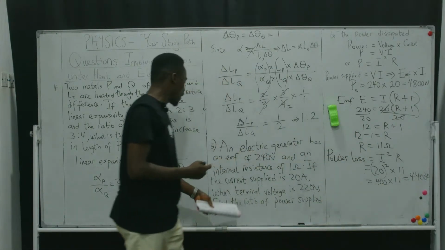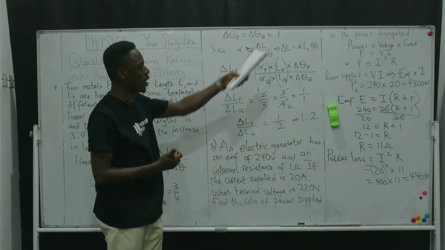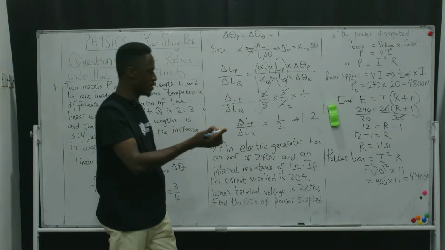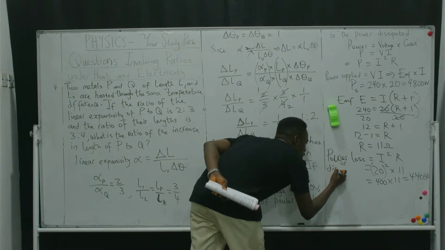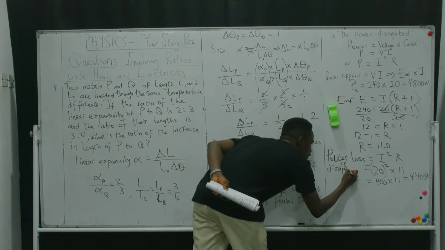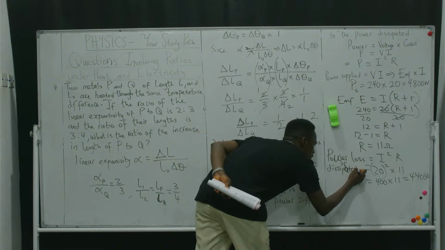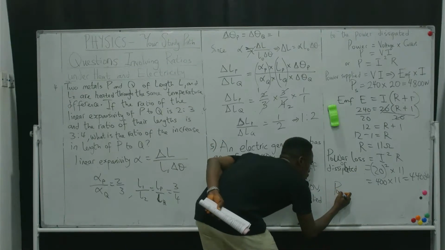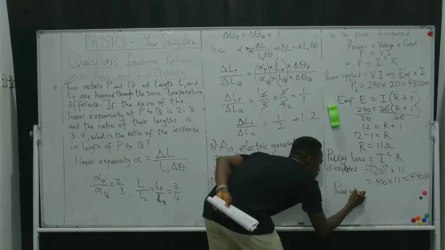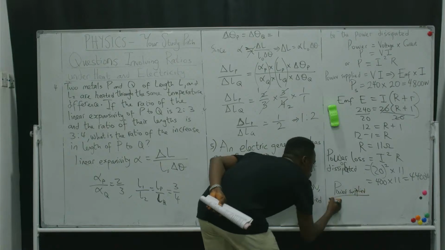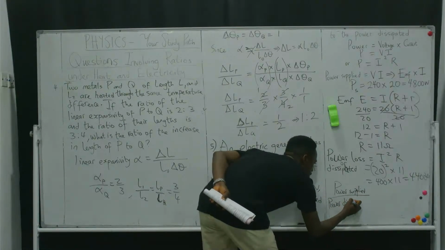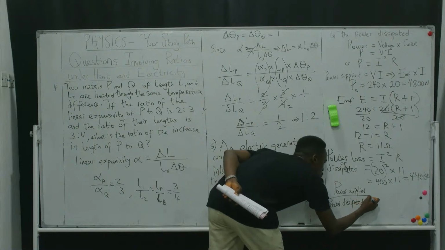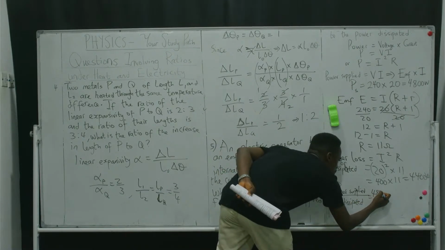Remember, it's the ratio we are asked to calculate: the ratio of power supplied to power dissipated. We are going to have the power supplied over power dissipated equal to 4,800 over 4,400.